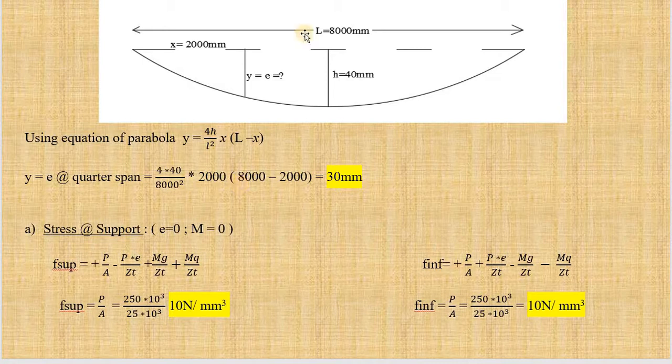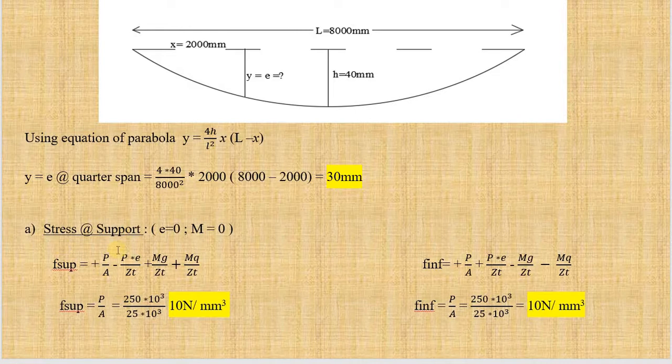You will get the Y value, or E value, the eccentricity at the quarter span, as 30. Here at the support it is 0, at the quarter it is 30 mm, at the midspan it is 40 mm.